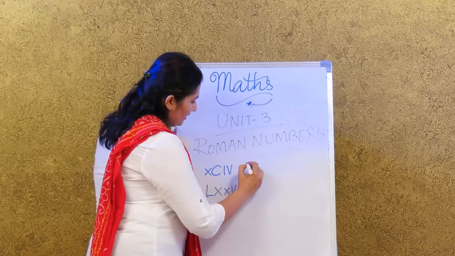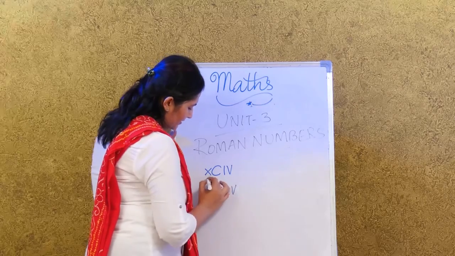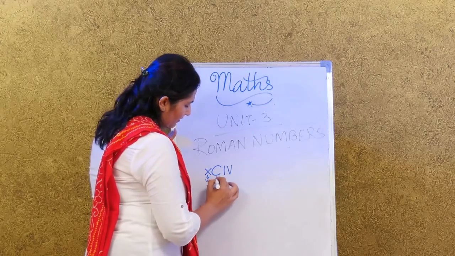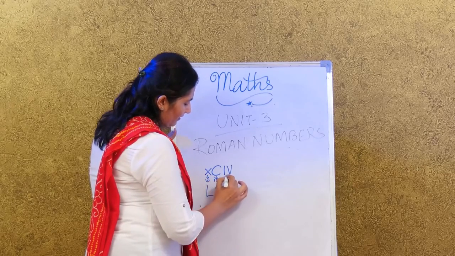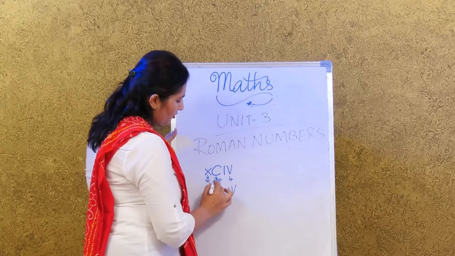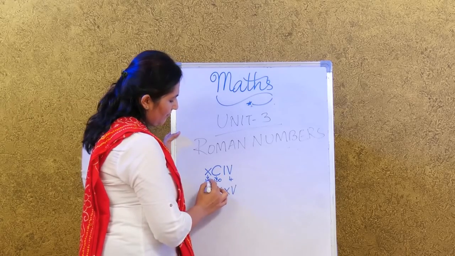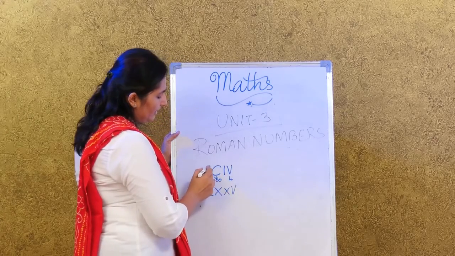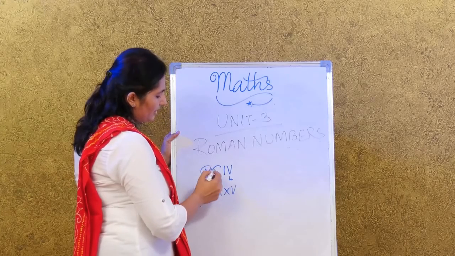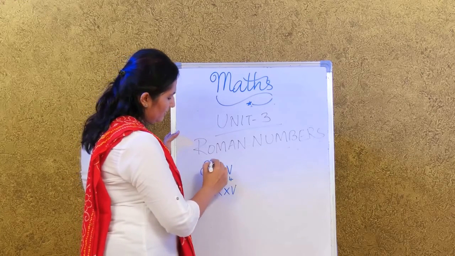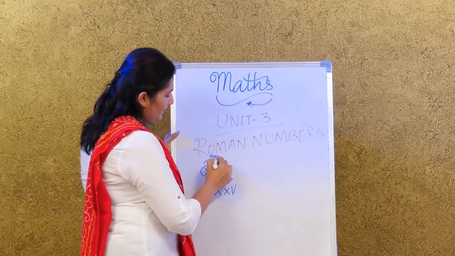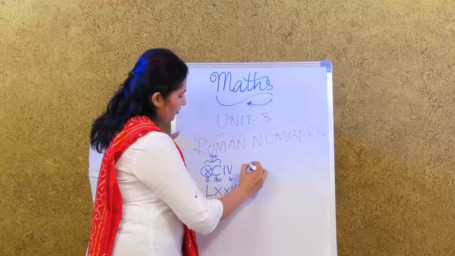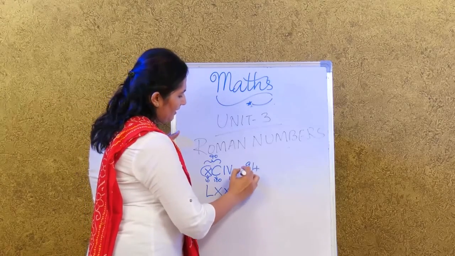Let's see the expanded form. This is 100, this has the value of 10, then this has the value of 100, and this is 4. So, this is 100 minus 10. Remember the rule 3, when you get a smaller number before a bigger one, you have to subtract it from the big one. So, this is 90 and this is 4. So, 94 would be the answer.